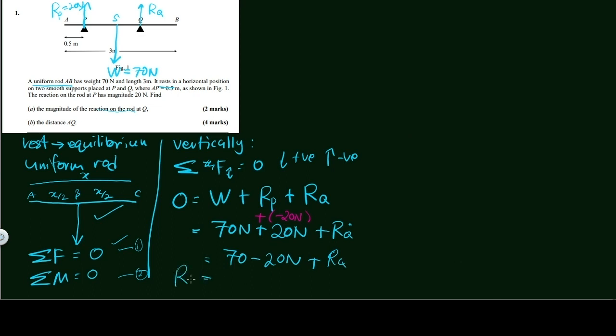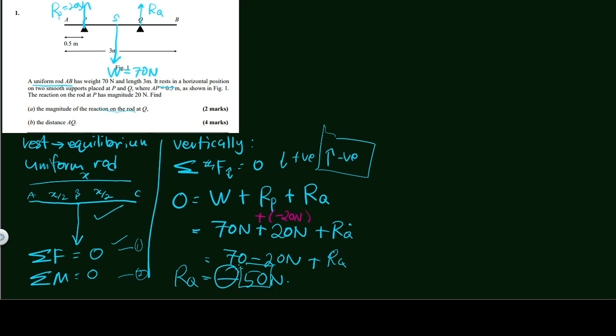To find RQ, we get 70 minus 20, and bringing it to the other side, we get minus 50 Newton. Why negative? Since I already consider upward force as negative, a negative value means RQ is acting upward. This is the magnitude of the force, 50 Newton, but it acts in the upward direction.